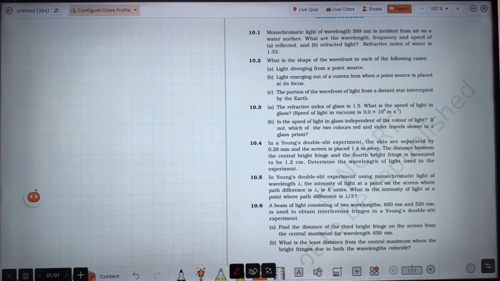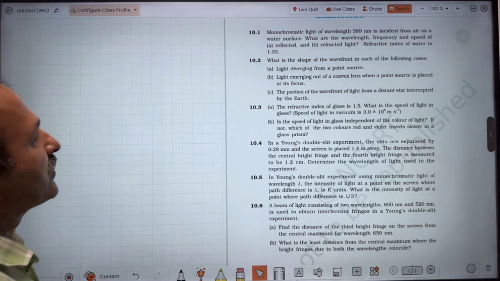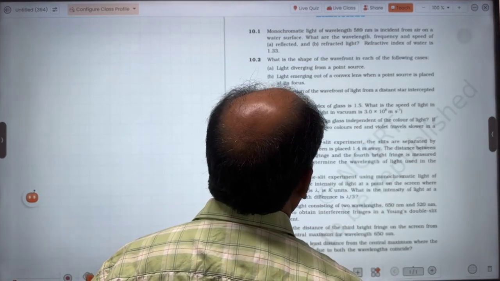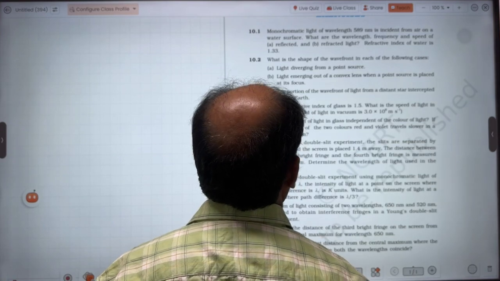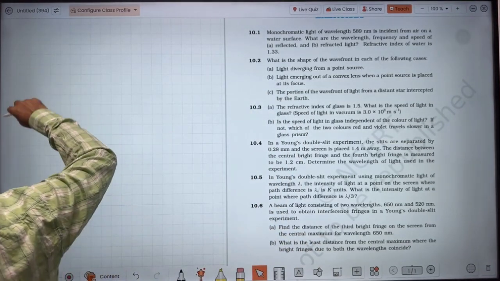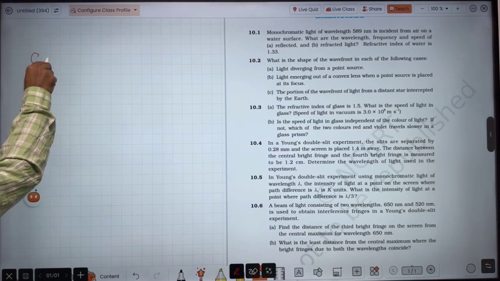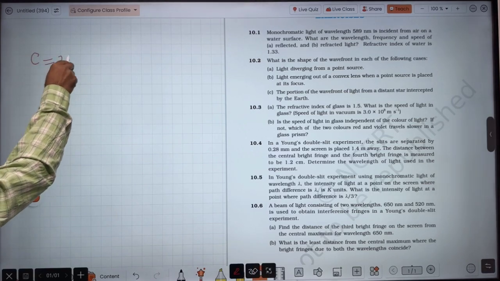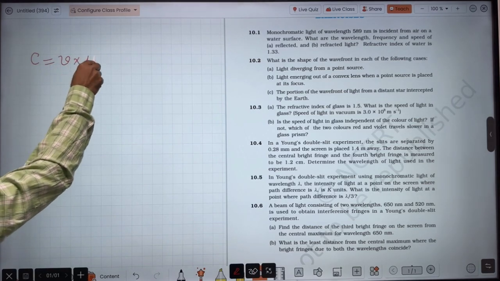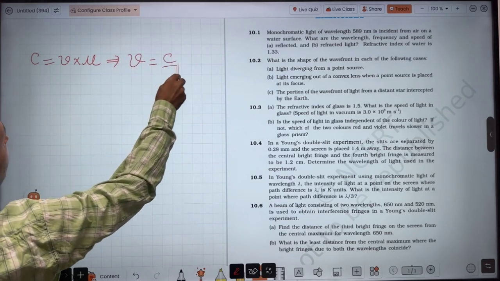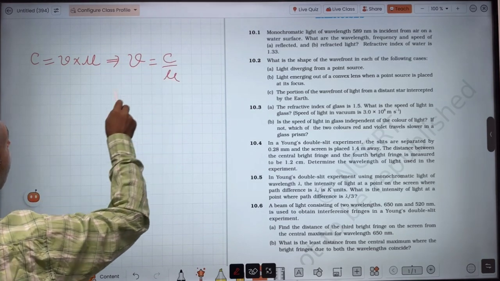Now we are going to see the third question. The refractive index of glass is 1.5. What is the speed of light in the glass? So you remember, c equal to v times mu, or v equal to c upon mu.